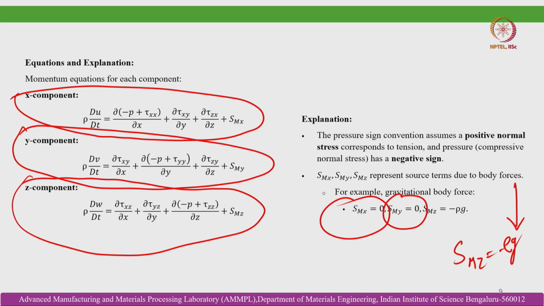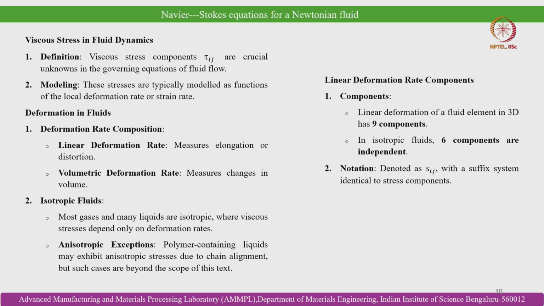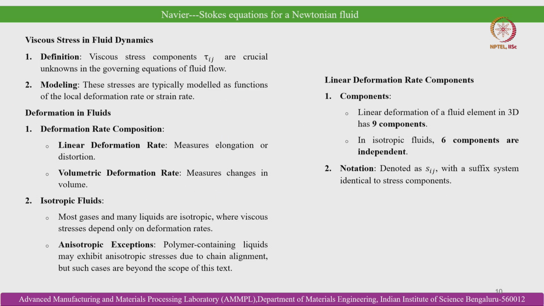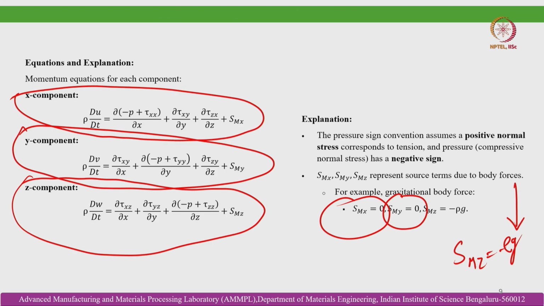That is how we come to the expression for the momentum equation in the x, y and z directions. Now we introduce the Navier-Stokes equation for a Newtonian fluid, which we can arrive at from the momentum equation.